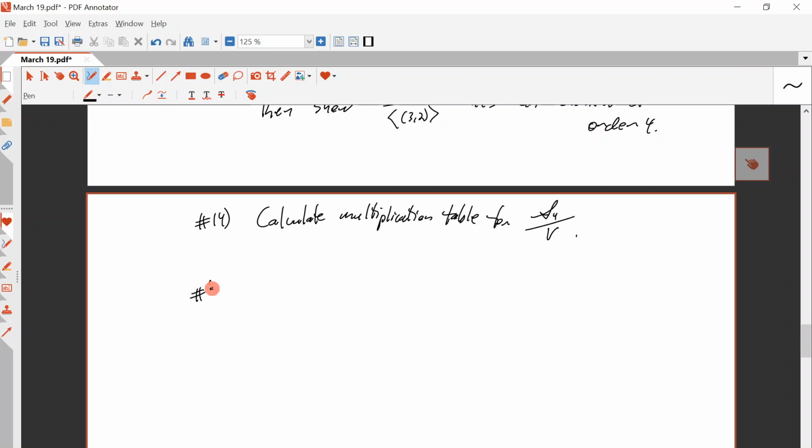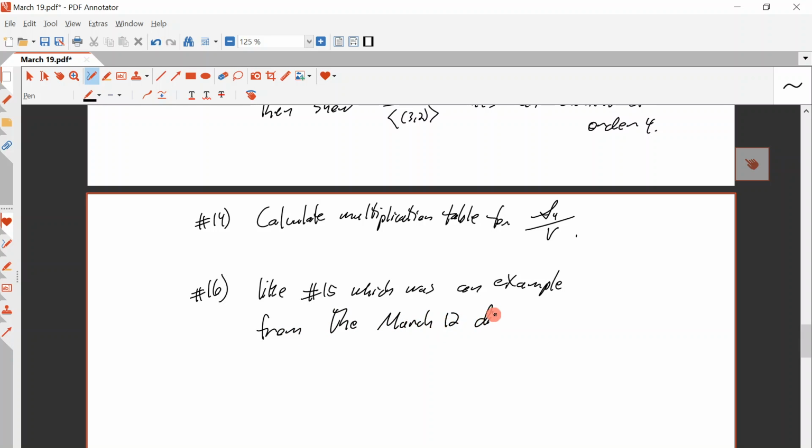Number 16 is like number 15, which was an example from the March 12 discussion.